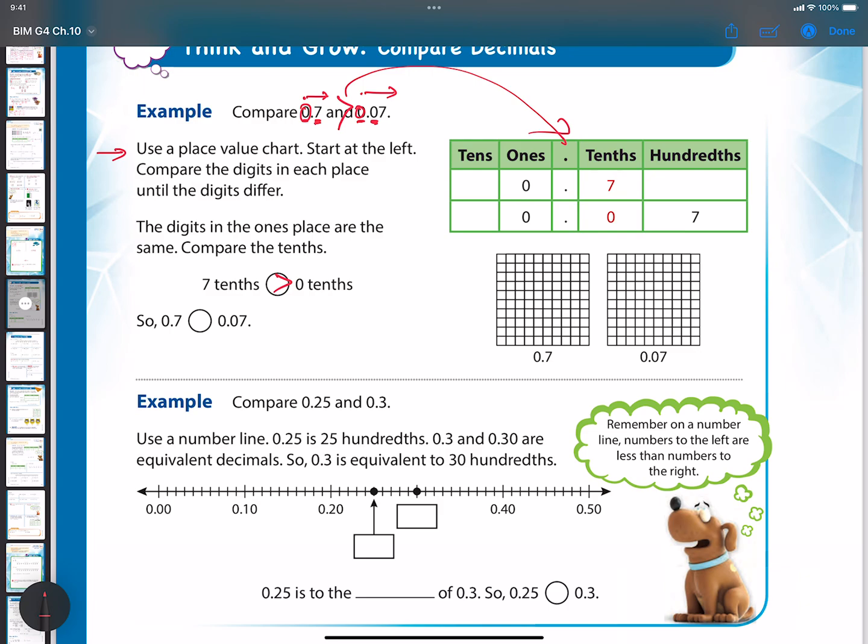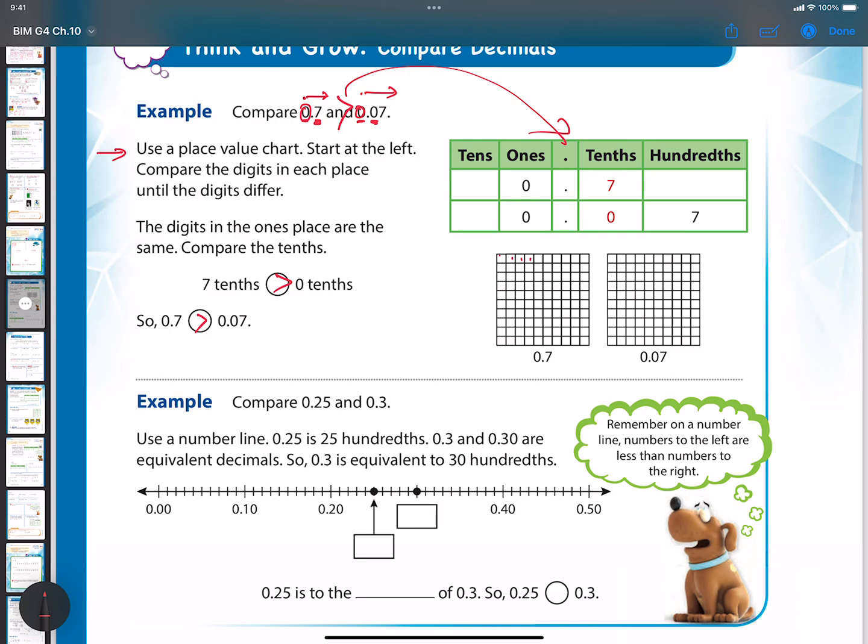So which is what? Tenths now. 7 tenths versus 0 tenths. So now the digits in the ones place are the same. Compare the tenths. We did it. So 0.7 is greater than 0.07.